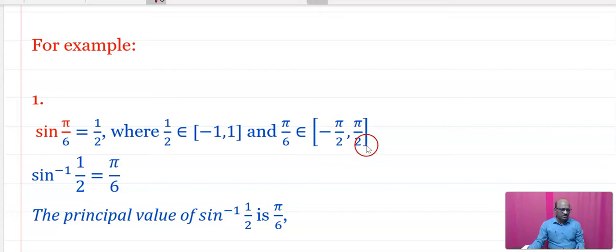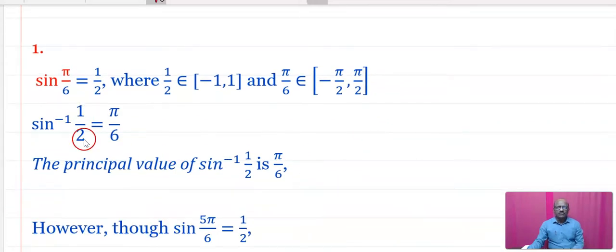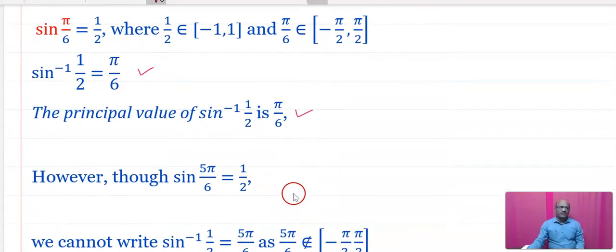And therefore sine inverse of 1 upon 2 is equal to pi by 6. The principal value of sine inverse of 1 upon 2 is pi by 6. Just as we found the principal values in exercise 3.1, similarly here we will find the principal values of inverse trigonometric functions.